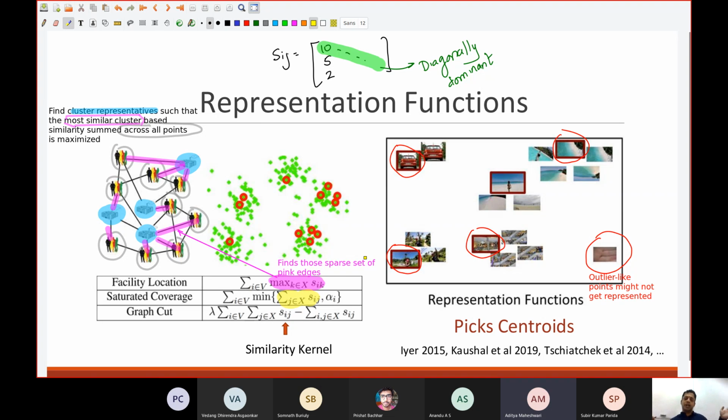All the points are contributing to every point in X. X is a subset that I want, right? So the cluster representatives are in X. In the case of saturated coverage, every point in X is being voted to from every point in V.